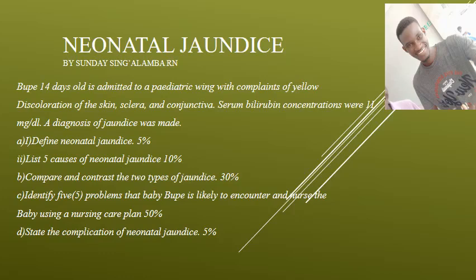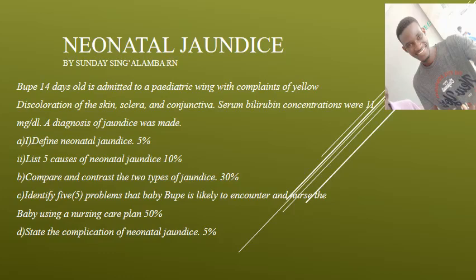In addition to that, we could also talk of enzyme deficiency. If there is a deficiency of enzymes that facilitate the conjugation process of unconjugated bilirubin, this will bring about jaundice. Then, final but not least, we could also talk of insufficiency of serum albumin.